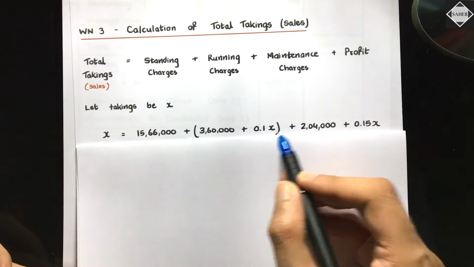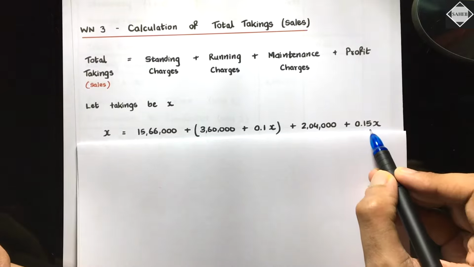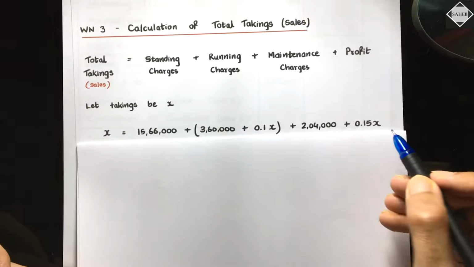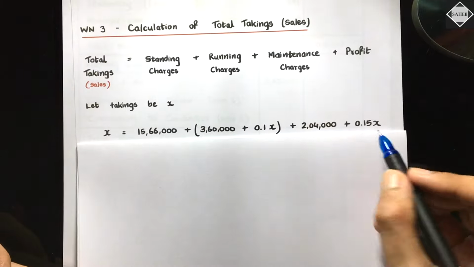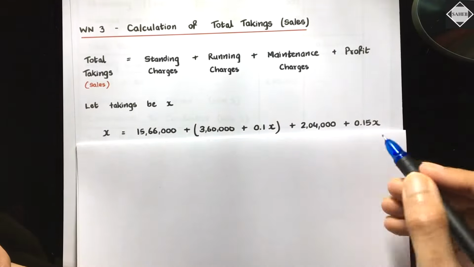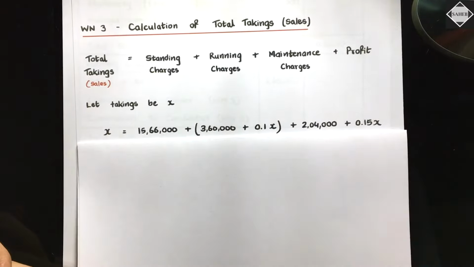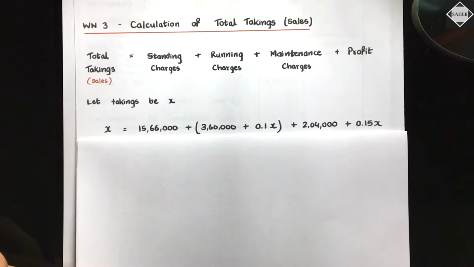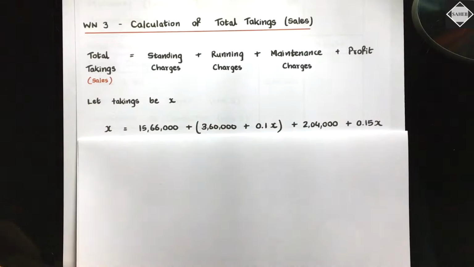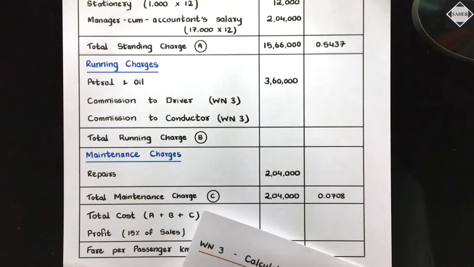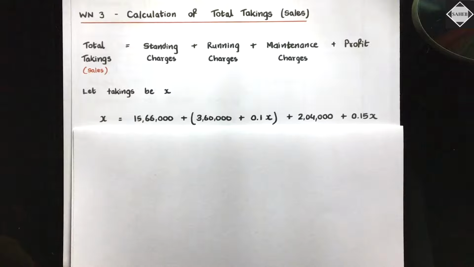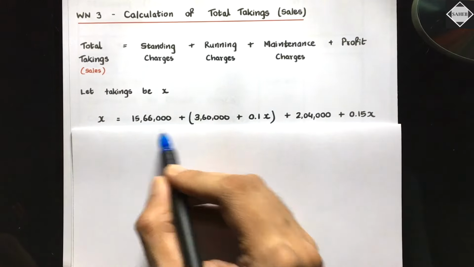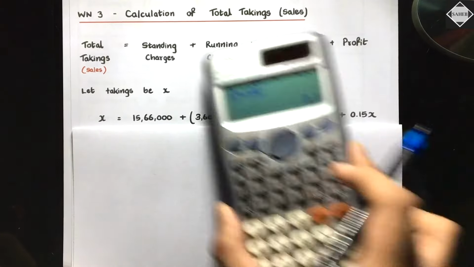And profit is what? 0.15X. The same way, profit is 15% of sales. Sales we have assumed as X. So 0.15X. Is this equation clear to you? Simple. Now you can just solve for X. Easily you will get the sales. Once you get the sales, you can entirely fill this operating cost sheet. So see, it's really simple. The like terms are 15,66,000, 3,60,000, 2,04,000. Just add it up.